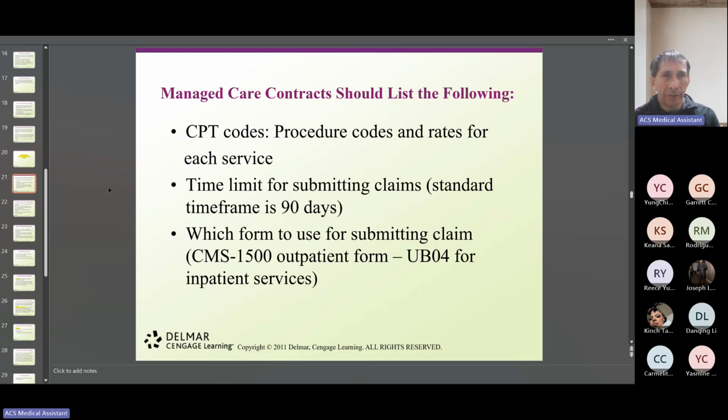Okay, so what are the things that should be listed in each of these managed care contracts? It has to have lots of stuff right there, because I'm going to pay for this, I'm going to pay for this, I'm going to pay for this. That's exactly what you're going to see in that list. Now, remember, patients are not aware of all these things. They just say, okay, you have an insurance and you can use it.